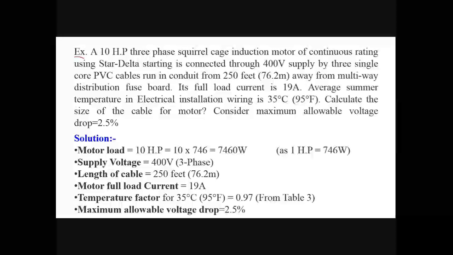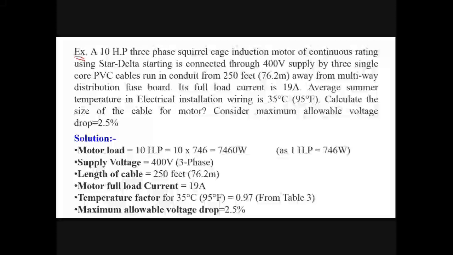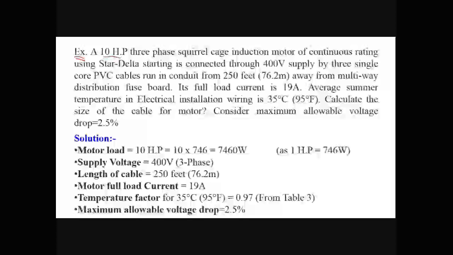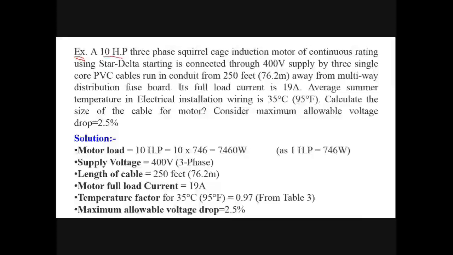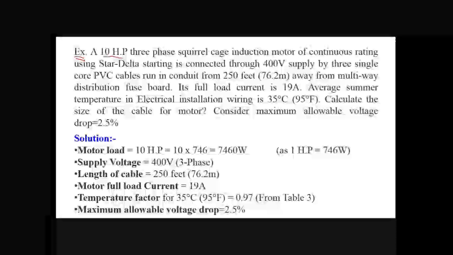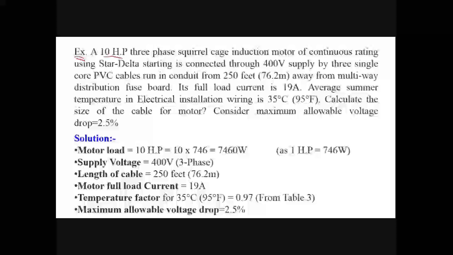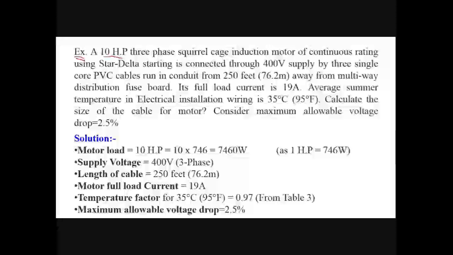So this is an example which was already asked in the university exam, and the numerical says: a 10 HP, that is 10 horsepower, three-phase squirrel cage induction motor. We know that the induction motor has two types: squirrel cage and slip ring.